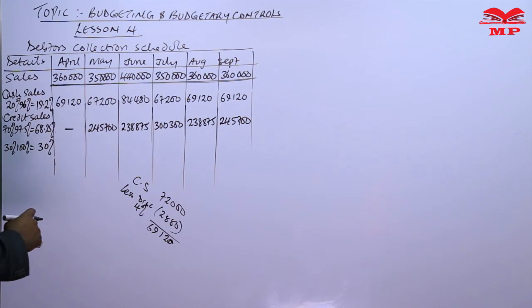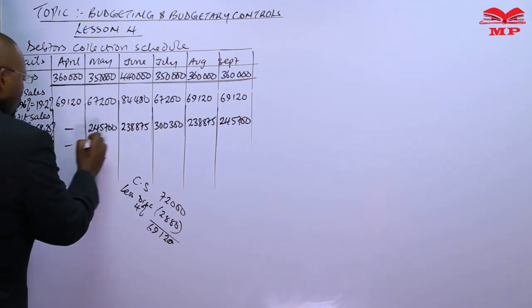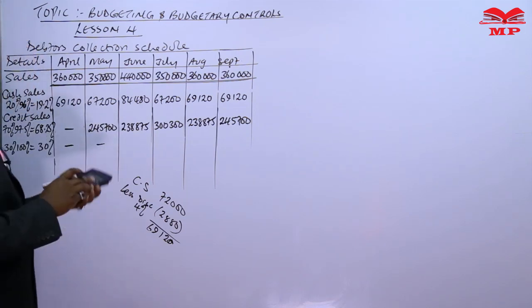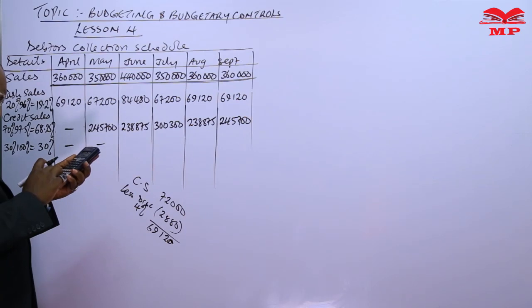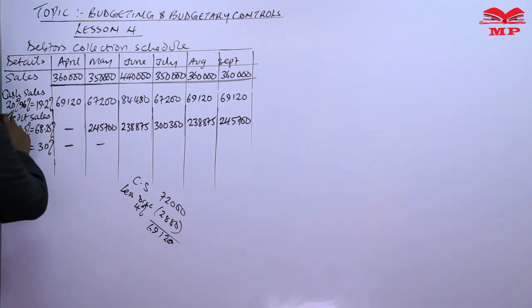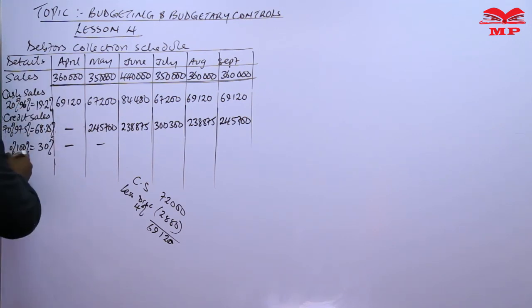And therefore, we are going to have payment made 2 months after, meaning the sales of April, which is 360, we are going to have 0.3 of 360. Sorry, not 0.3. This is 10%. Sorry for that.